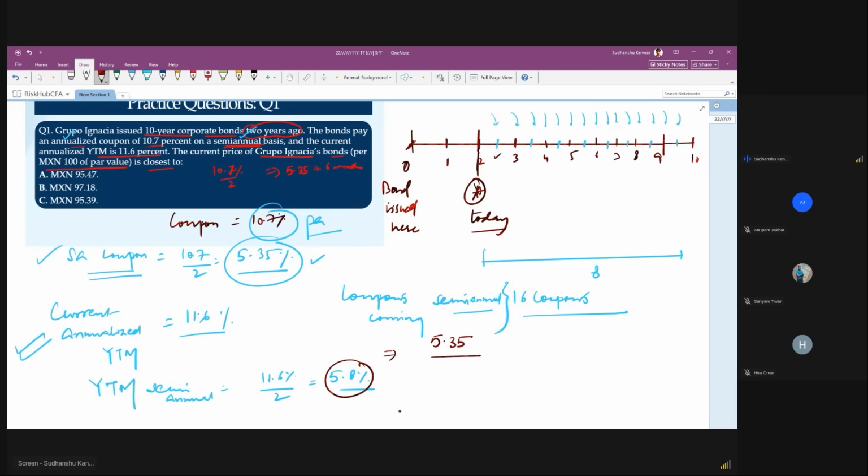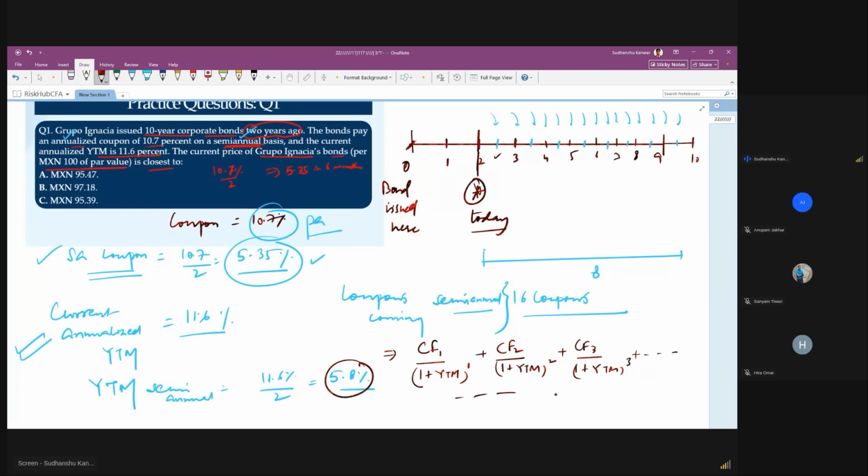Okay, let me write the equation first. So I have 16, so I will write CF1 over 1 plus your YTM raised to power 1, CF2 over 1 plus YTM raised to power 2, CF3 over 1 plus YTM raised to power 3, right?